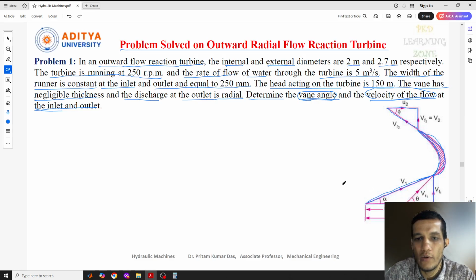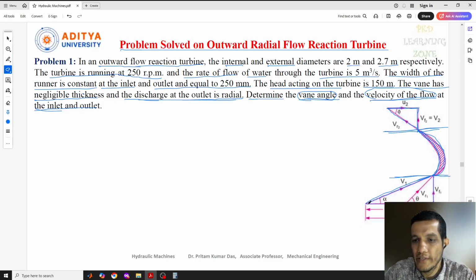What is VW2? Now when the condition is given that the discharge outlet is radial, then radial in the sense our V2 will be perpendicular to the tangent of the blade. Now here, this is the tangent of this blade.